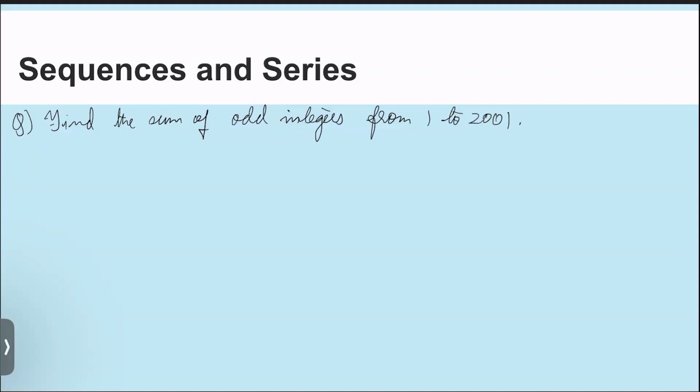The n we had found as 1001. Now we know our a1 is equal to 1 and our an, that is a1001, is actually 2001.